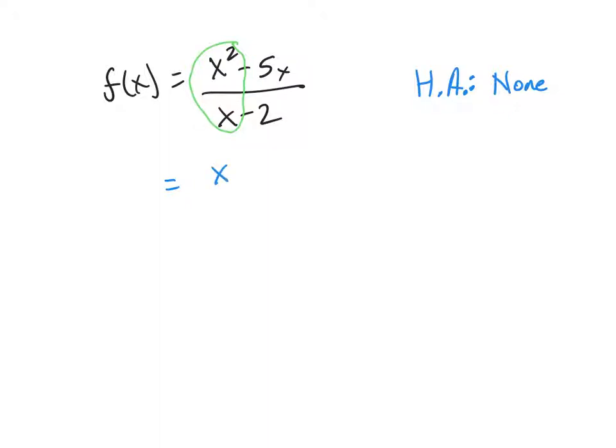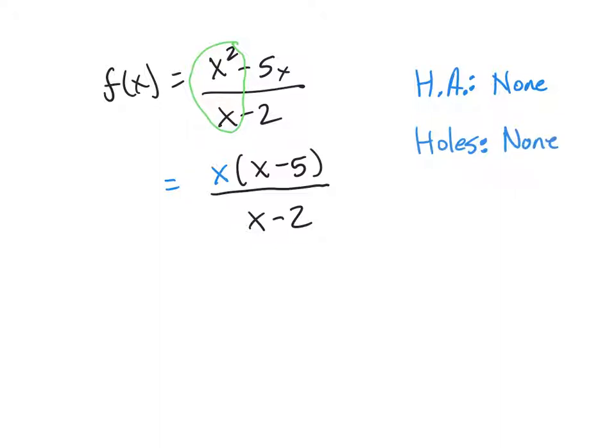When I pull that out, it ends up being x times x minus 5. In the denominator, it's already factored. It's a linear term, x minus 2. And again, you'll notice that none of these factors cancel each other out. So for my holes, I will also write none. There are no holes in this particular graph.